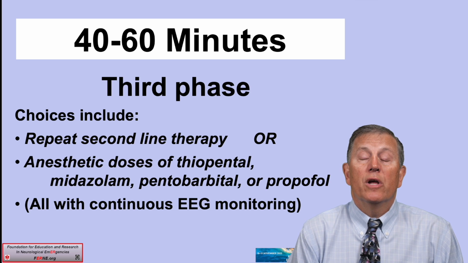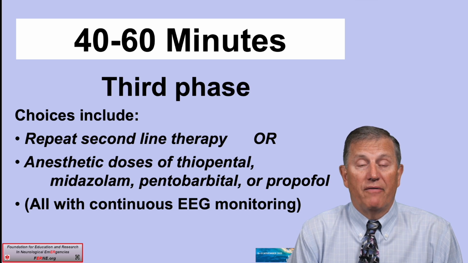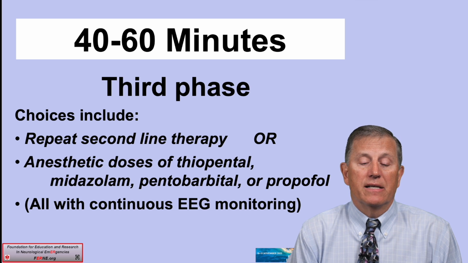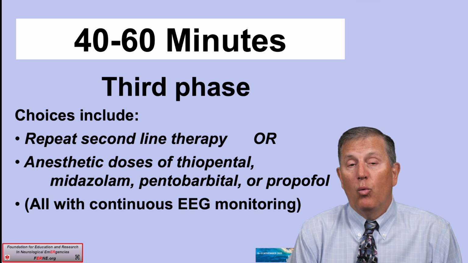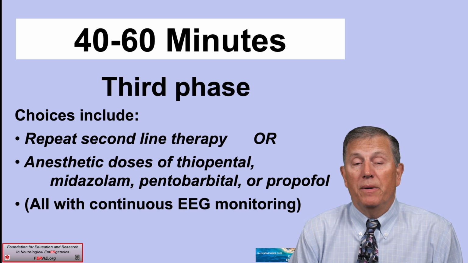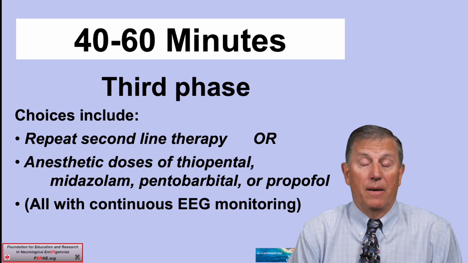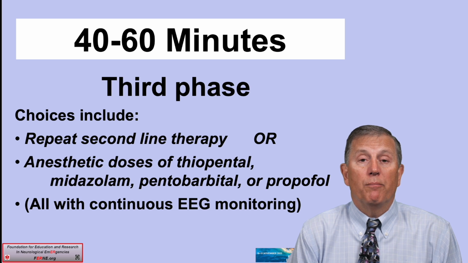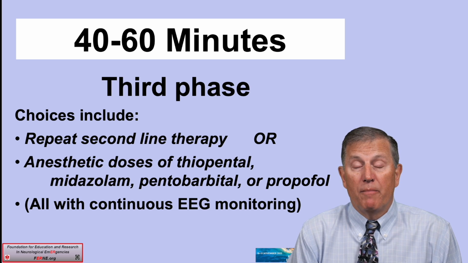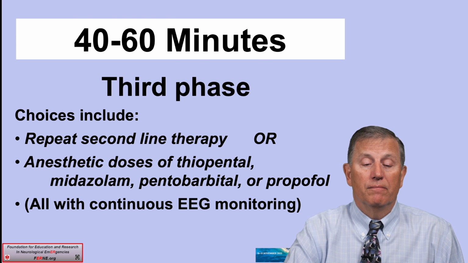The choices include repeating whatever second-line therapy was provided in an additional dose, or providing anesthetic doses of thiopental, midazolam, pentobarbital, or propofol, understanding that if any of these third phase medications are provided, it's necessary to provide continuous EEG monitoring, because with these medications, patients will be unresponsive. It will be impossible to determine whether or not there's subtle status epilepticus ongoing, which is ongoing brain seizure activity without any motor manifestations that are noted clinically.